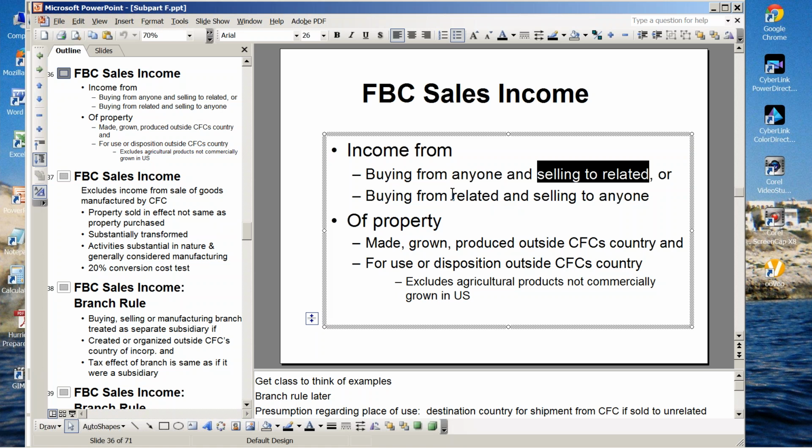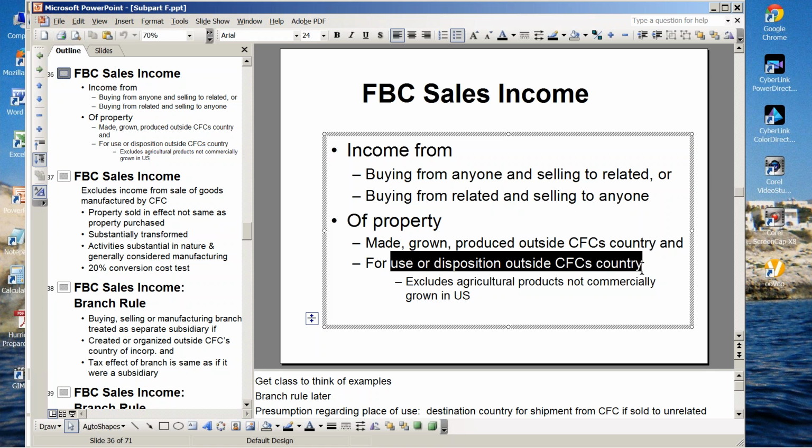By the same token, if we have a subsidiary buying from a related party and selling to anyone, then we have Subpart F. Now, the key aspect here is it's got to be property originating outside the CFC's country and for use or disposition outside the CFC's country.